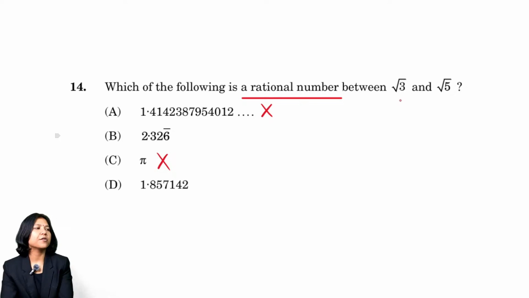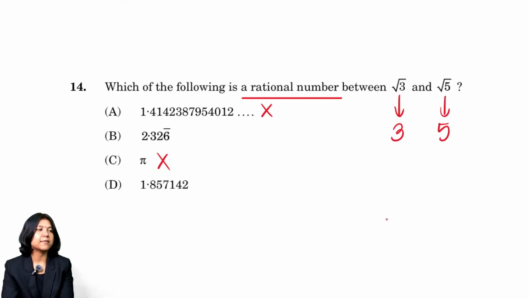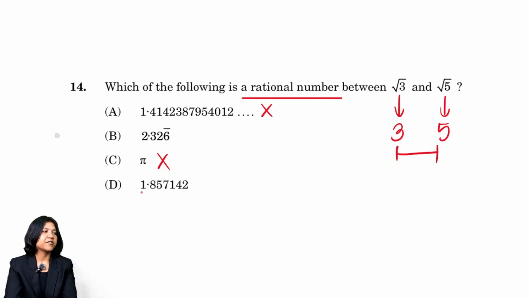Now think about square root 3: the square of this is 3, and the square of root 5 is 5. So you want to think about a number that has a square between 3 and 5. Out of the 2 options, if you look at 1.8, the square of 1.8 is definitely 3.24.